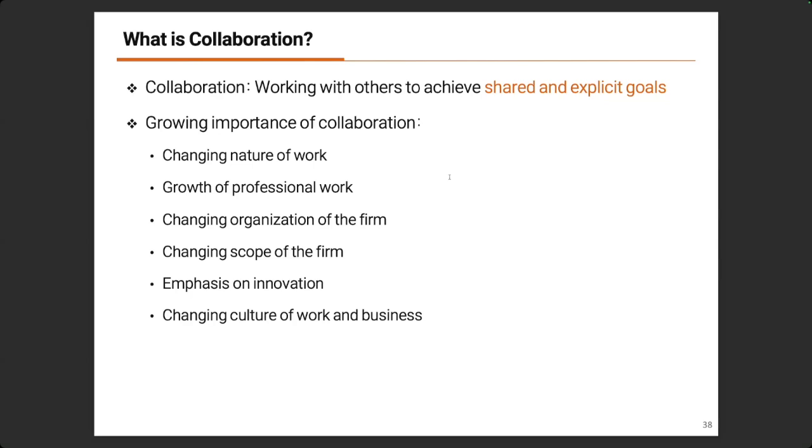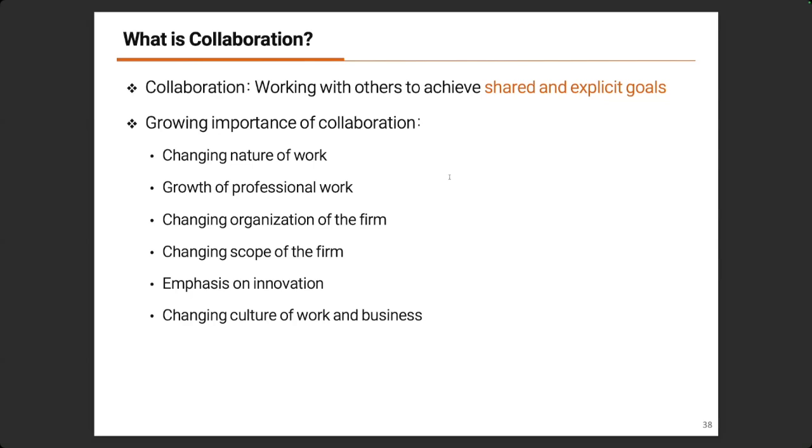This cultural change also makes people collaborate more, because they can share their ideas and opinions freely compared to the past.